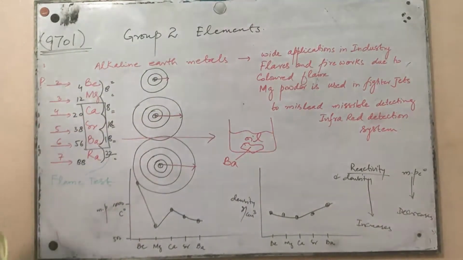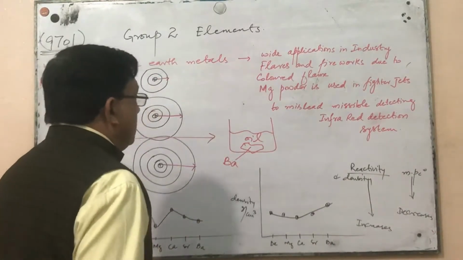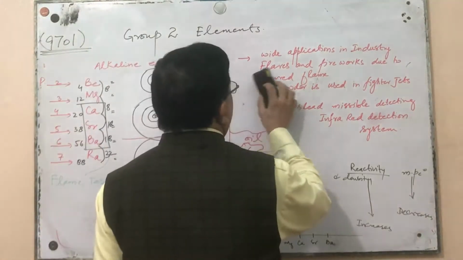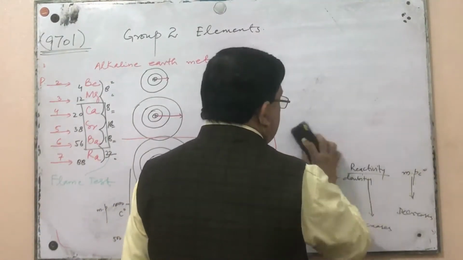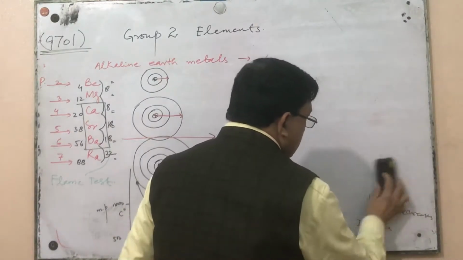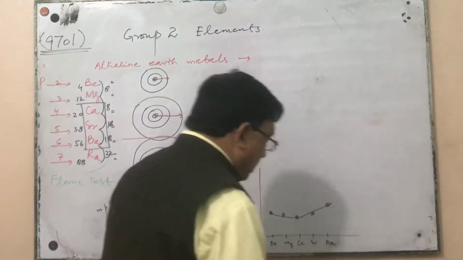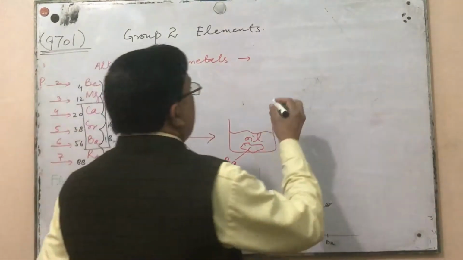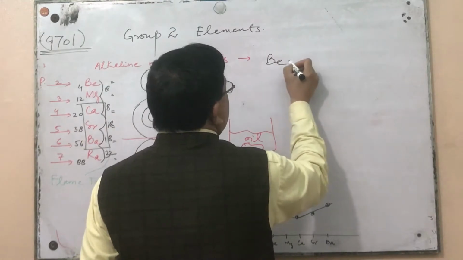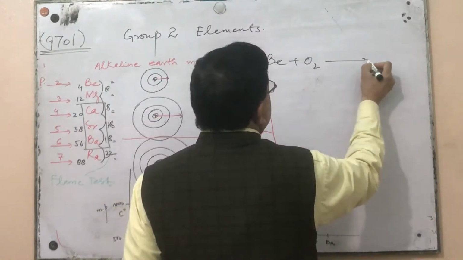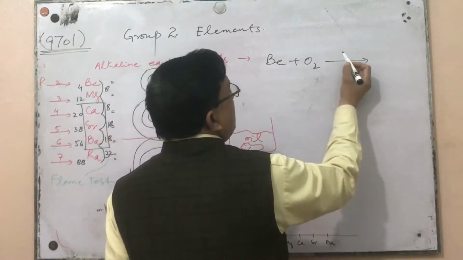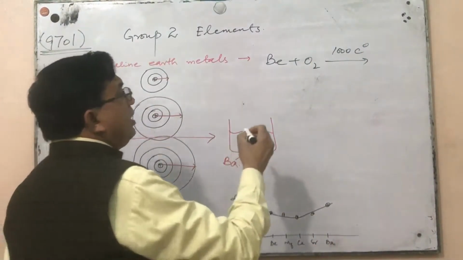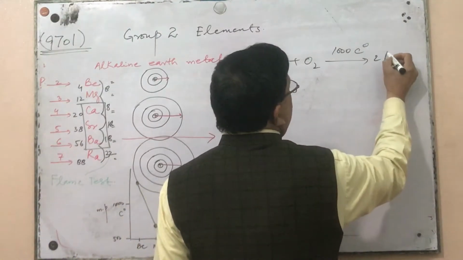Now, all of these elements burn with a flame, though, as we have discussed, the reaction of beryllium is very slow. Beryllium only reacts on heating with oxygen, and this heating might be up to 1000 degrees centigrade, and then it produces beryllium oxide.